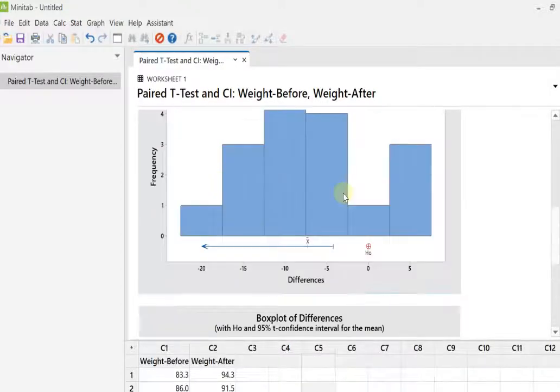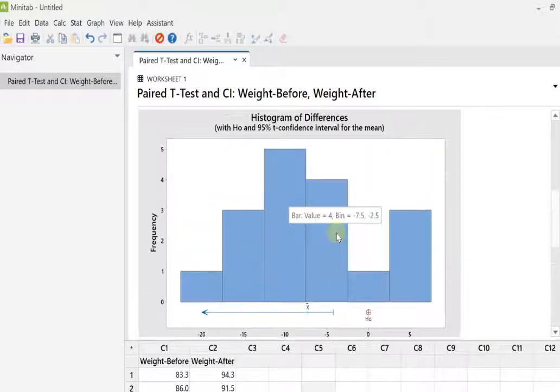Now if you look at what I had in my OneNote, what's under here looks different than what it is in here. Because this is a left tail test, what Minitab does is actually construct a one-sided confidence interval. So this is what a one-sided confidence interval for a left tail test looks like. It runs from almost -5 all the way to -infinity. You see that? So it gives you the upper bound, but there's no lower bound because your alternative is less than.